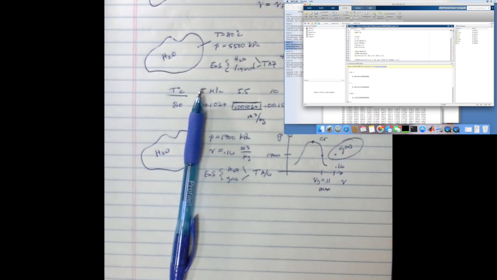So this number that we just found, V350, is actually bigger than our value.